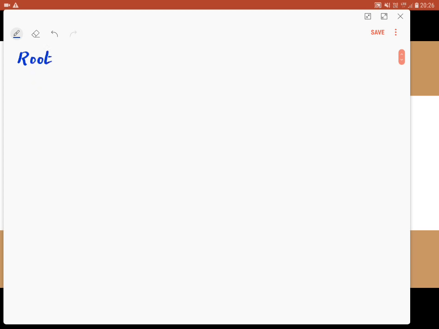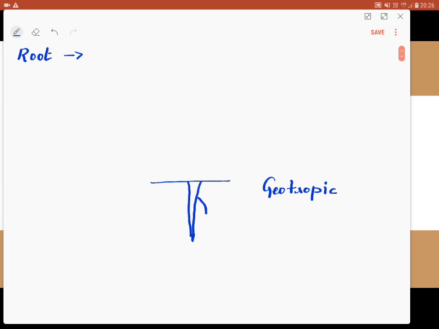So, let us first understand the entire plant structure. Generally in a plant, the lower portion is the root, which is generally geotropic in nature. Geotropic means something which moves towards the earth. In the root, there will be a main root which we call the primary root.